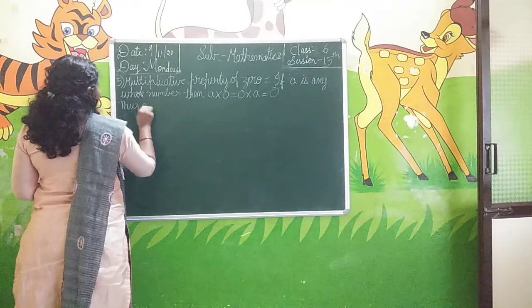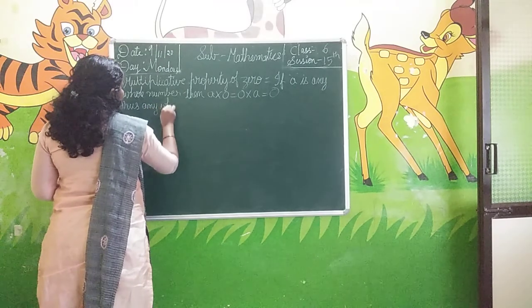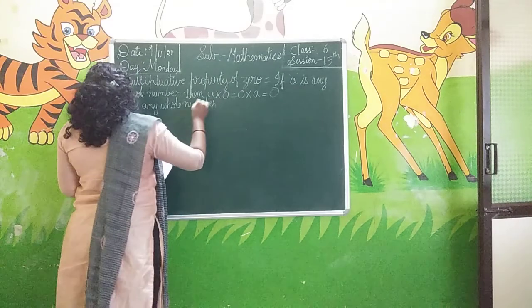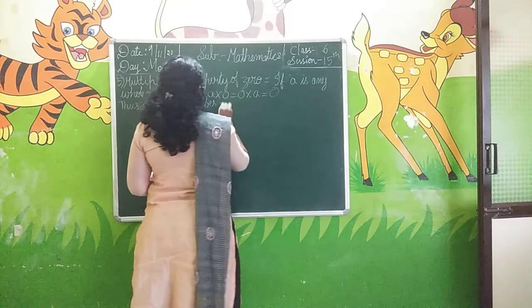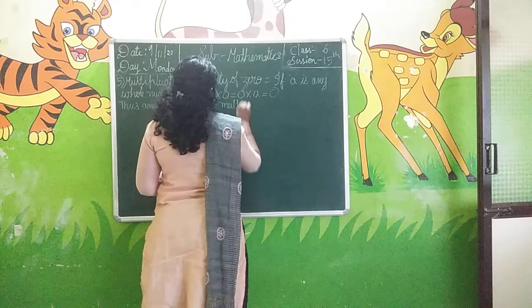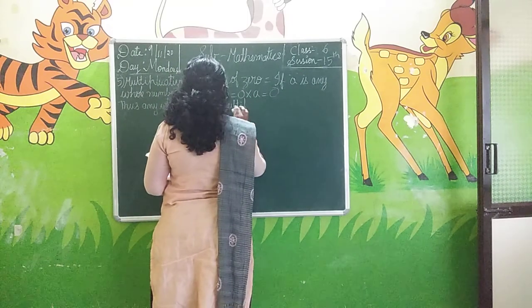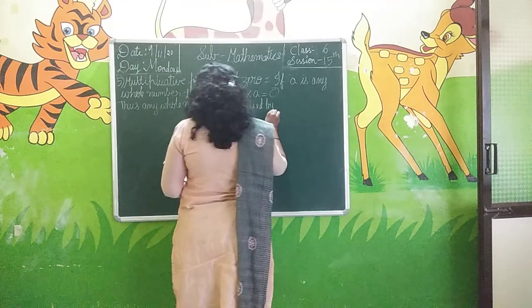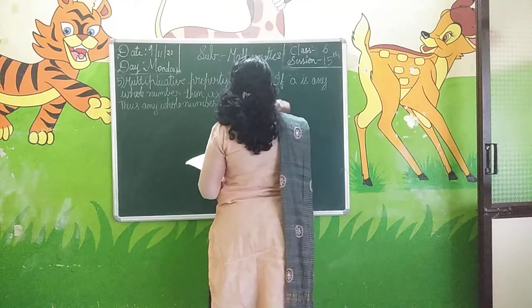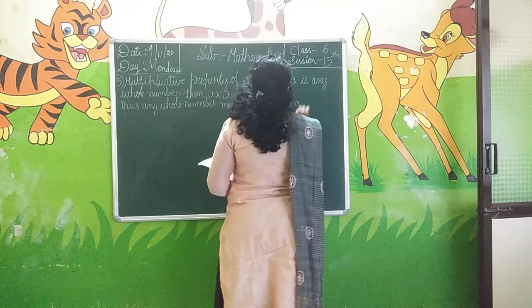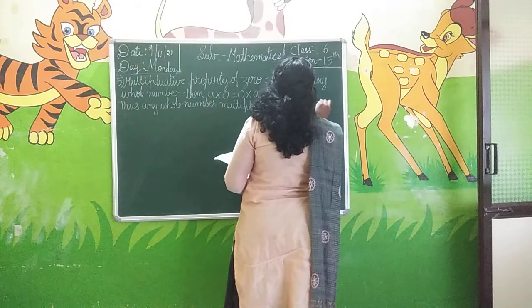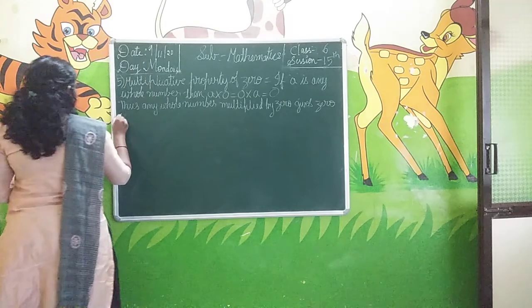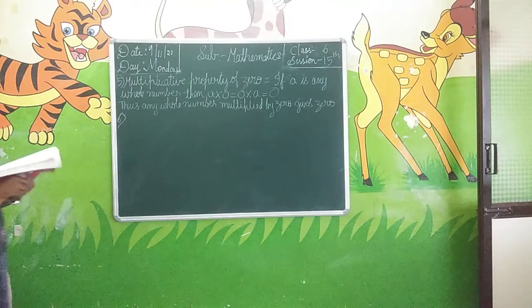Thus any whole number multiplied by 0 gives 0. This is the multiplicative property of 0.